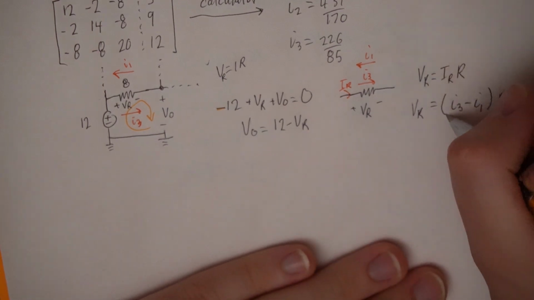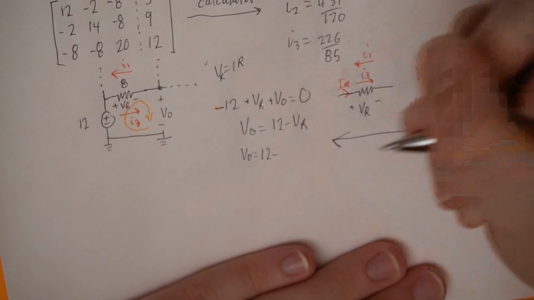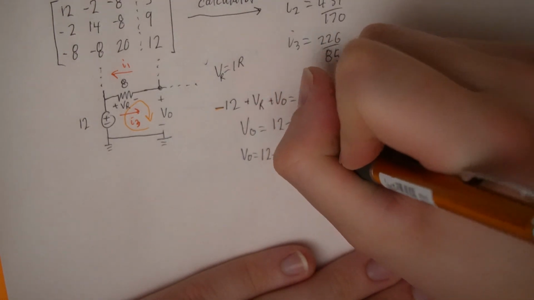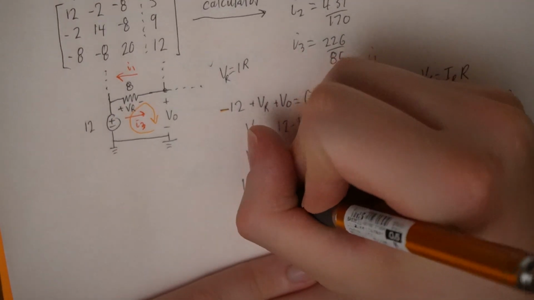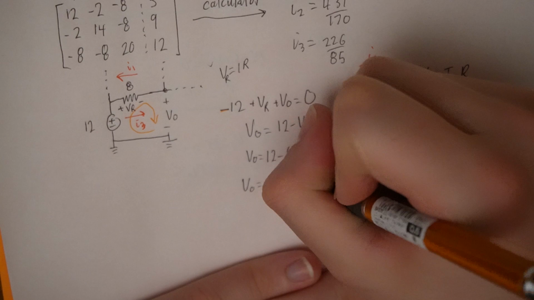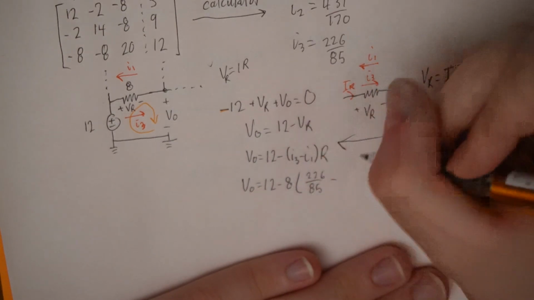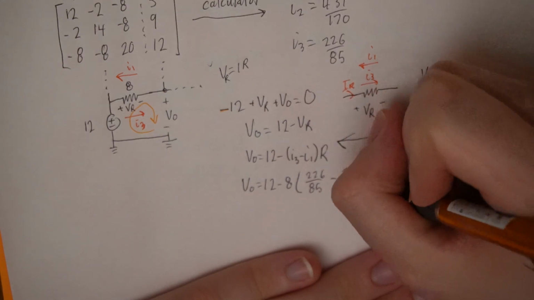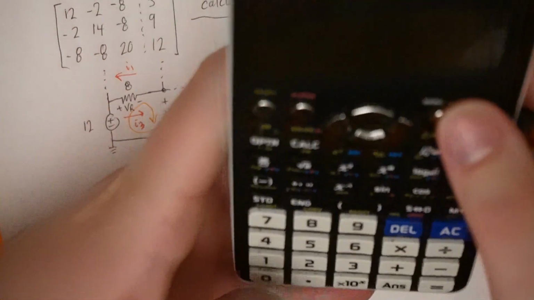Going back to my equation over here, VO is equal to 12 minus (I3 minus I1) R, where R will be 8. VO equals 12 minus 8 times (226 over 85 minus 222 over 85), equals, punching into my calculator.